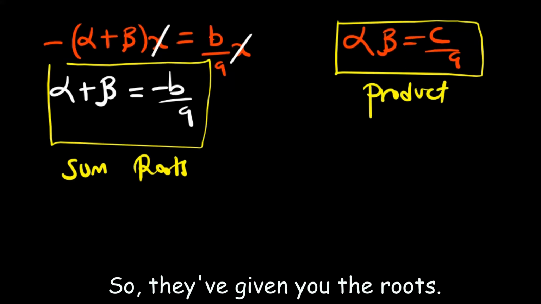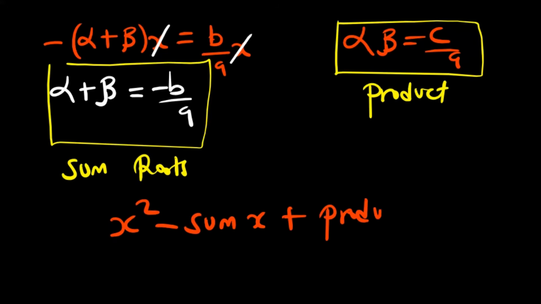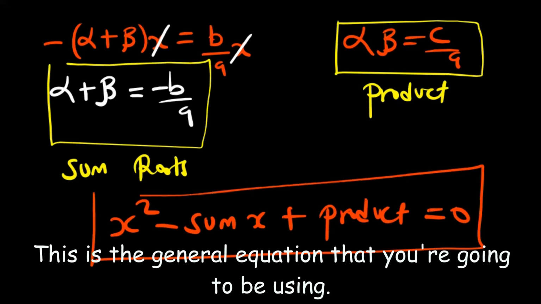So if they've given you the roots, the general equation that you're going to use is x squared minus the sum of the roots times x plus the product of the roots is equal to 0. This is the general equation that you're going to be using.